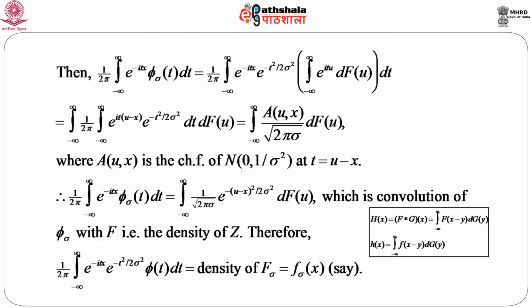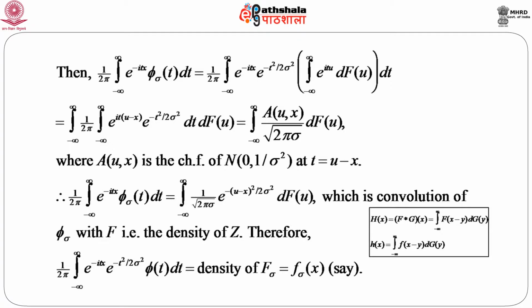Minus infinity to infinity integral of 1 by 2 pi, integration minus infinity to infinity, this e to the power i t into u minus x, into e to the power minus t square by 2 sigma square dt dF u.